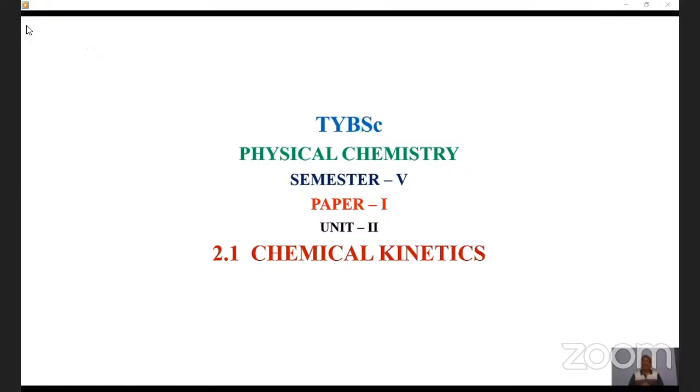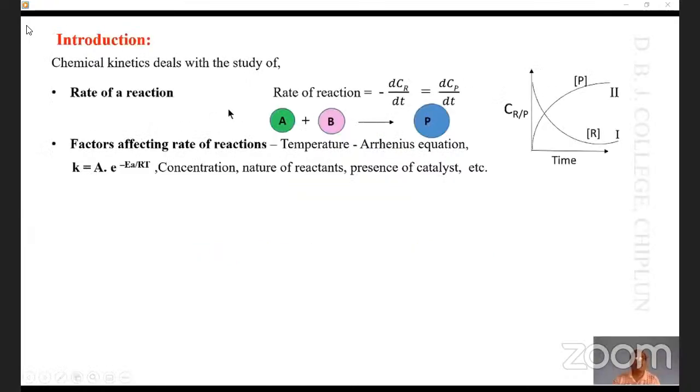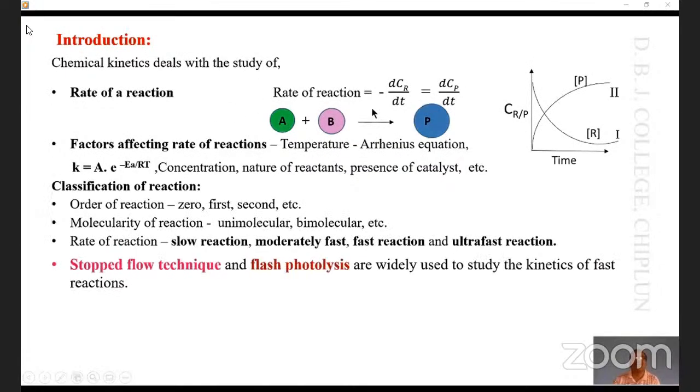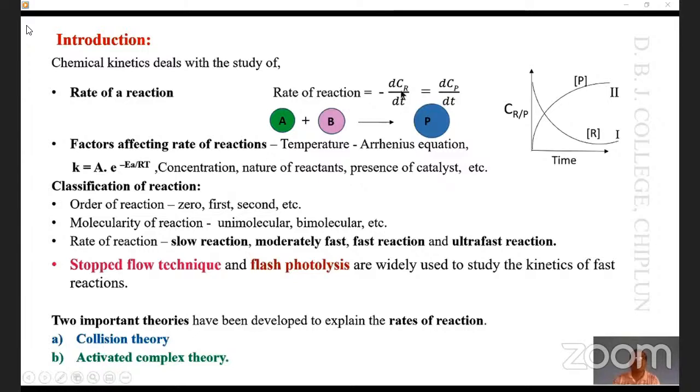Similarly, to calculate the speed of a chemical reaction, that is nothing but the rate of a reaction, you need two values. That is the change in concentration of a reactant with respect to time, or change in concentration of a product with respect to time.